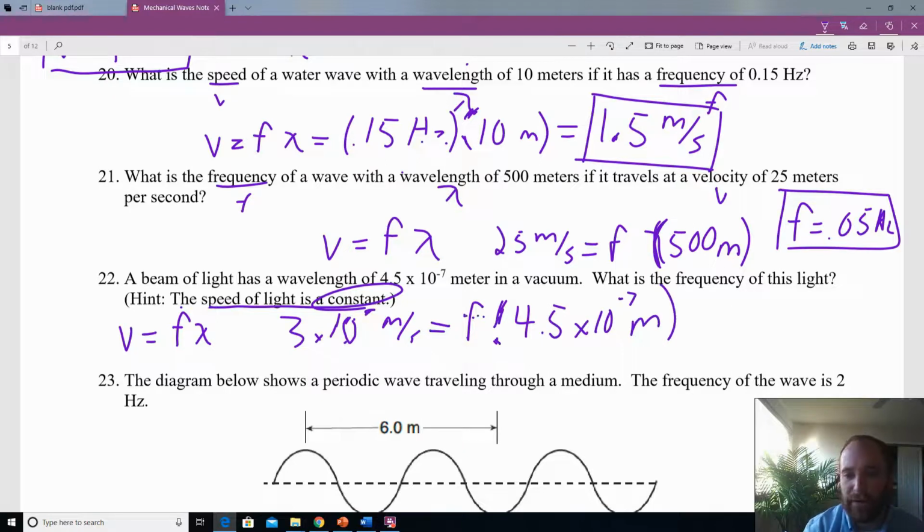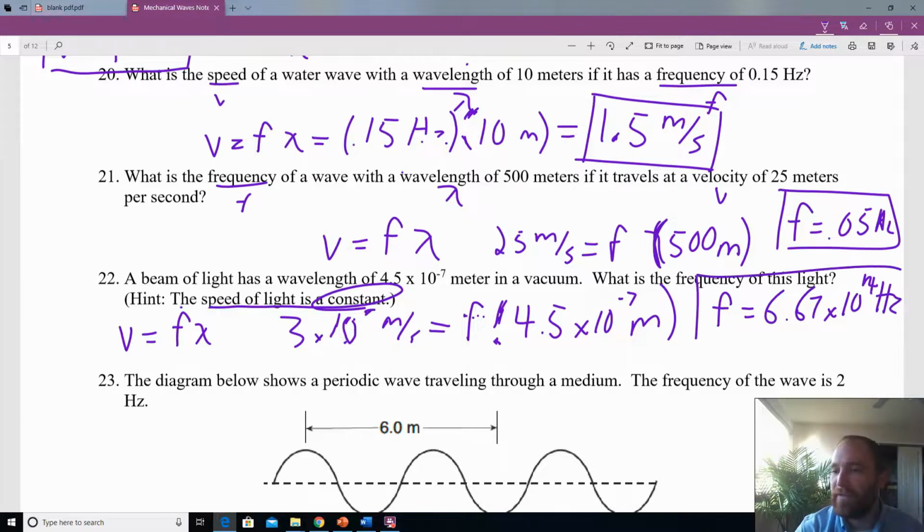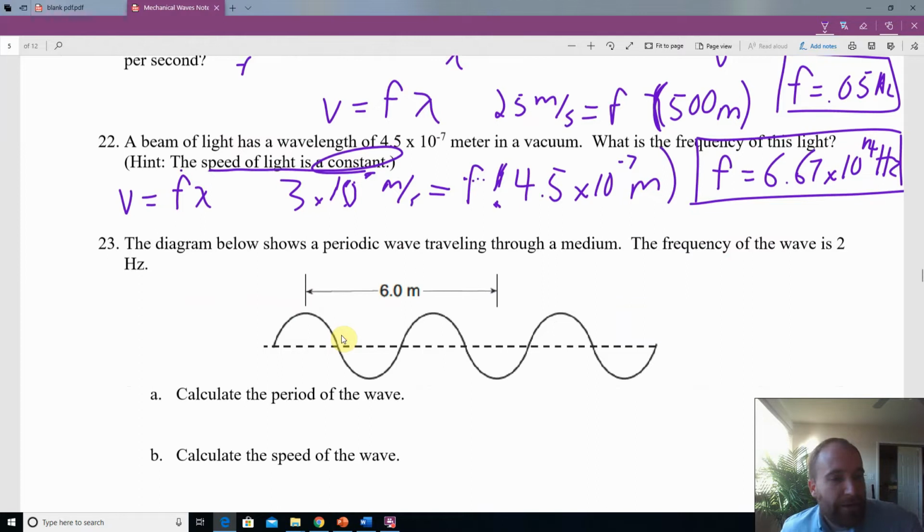Okay, it looks like we're going to have to just divide across here, and I got a frequency of 6.67 times 10 to the 14 hertz. My final answer there. So again, a high frequency, but light has high frequencies. So there you go.